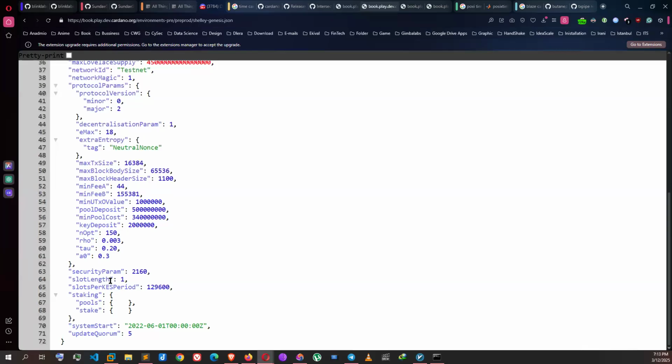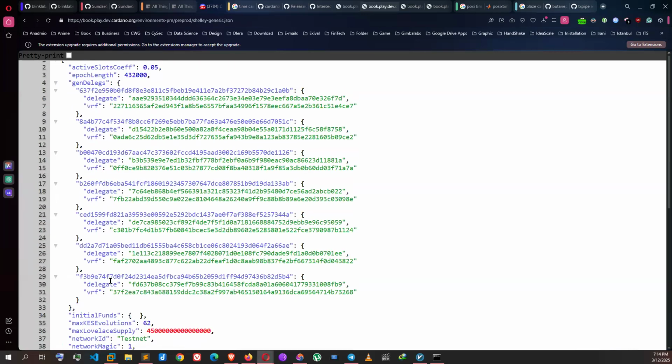It's saying 1 out of every 20 times, because it's 5%, we want it to be the active slot, meaning that's the slot that a block will show up in. So that's what the active slot coefficient is.